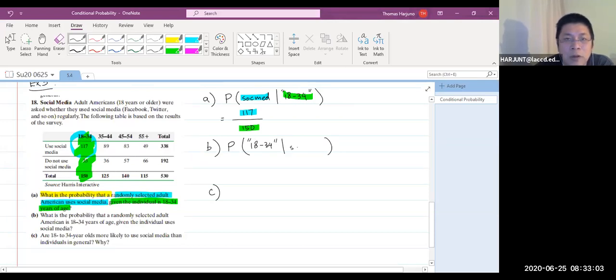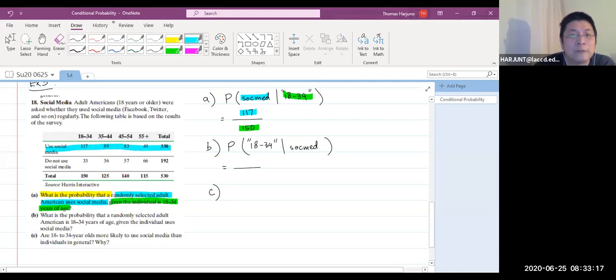So given that person uses social media, what is the probability that person is 18 to 34? The condition is social media. There are 338 such people. And of those 338, 117 are 18 to 34.